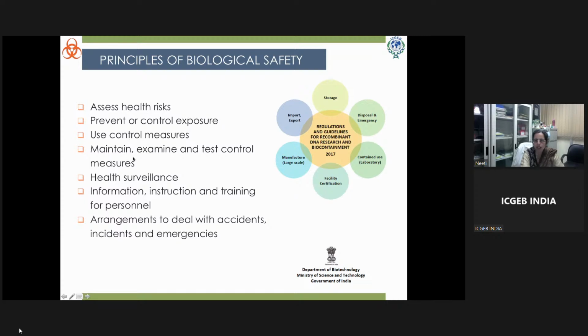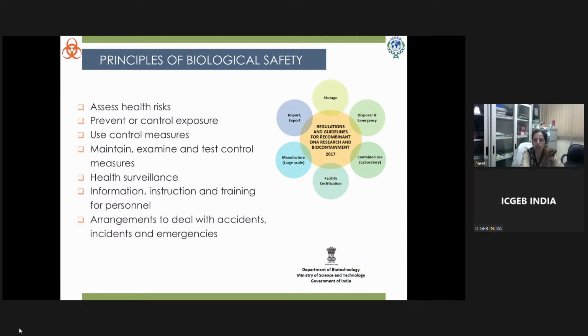Each of these should have a lot of standards or test control measures which can be maintained and examined regularly to ensure that safety is in place. The most important parameter again becomes individual health surveillance, both before and after the experimental procedures are conducted, so this needs to be done at regular intervals.